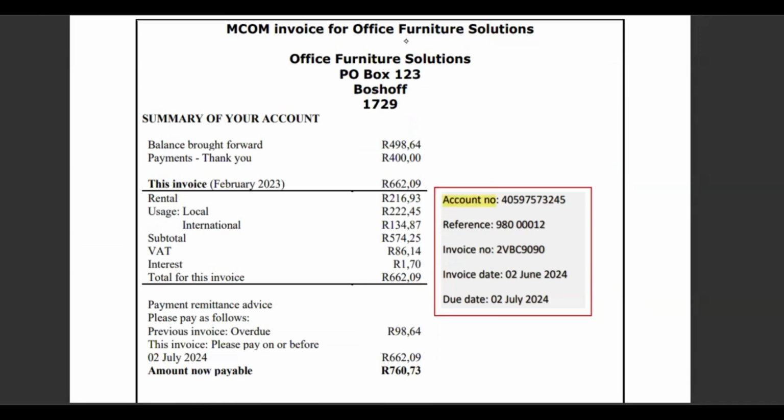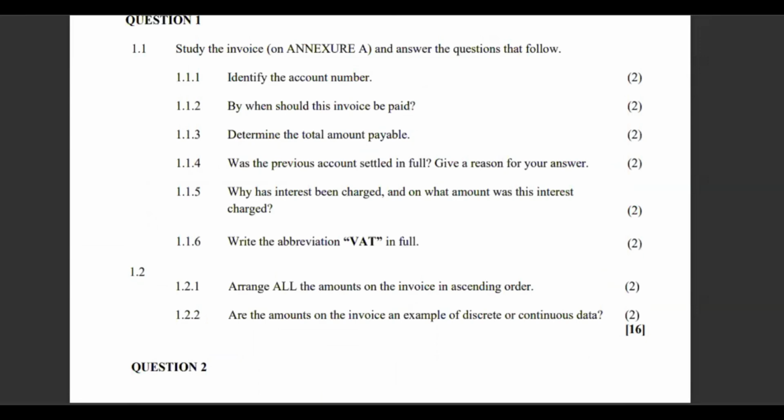So the account number was supposed to be... the account number is 409,757,3,245.